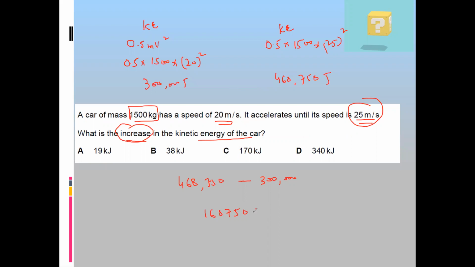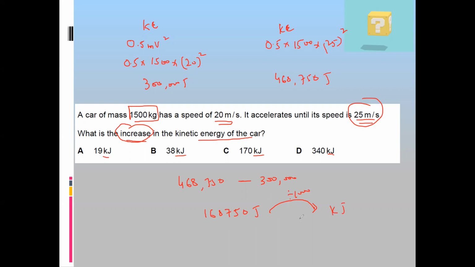168750 joules. But if you see, all the answers are written in kilojoule. So we have to convert into kilojoule. So joule to kilojoule, we divide by 1000. So if I divide this by 1000, what will be the answer?